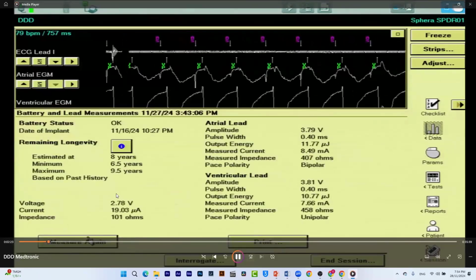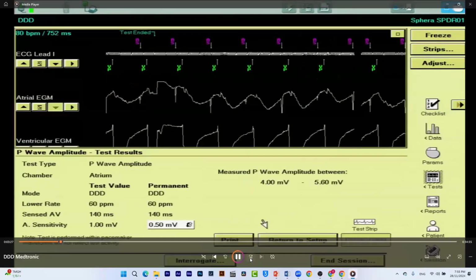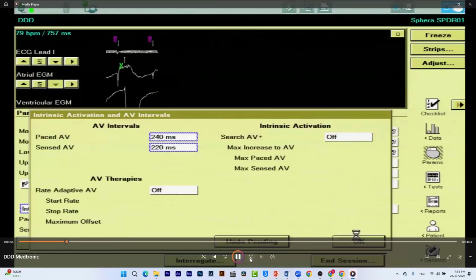And estimated battery longevity is 8 years, minimum 6.5 years, maximum 9.5 years, voltage 2.78, and current and impedance are normal. Our impedance is 458, and voltage is okay.